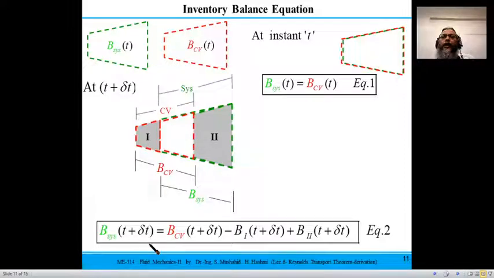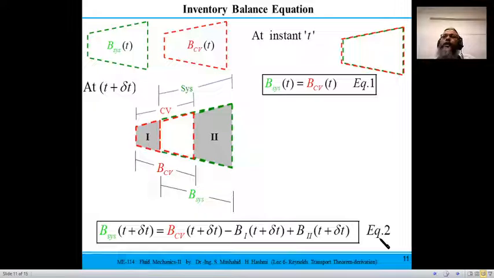If we are interested in the extensive quantity at time t plus delta t, it would be this thing, which is the part of the system that is still part of the control volume, plus the part Roman 2, this one, minus Roman 1, because 1 is no more a part of the system at time t plus delta t, so this part is subtracted. So you got equation number 2.